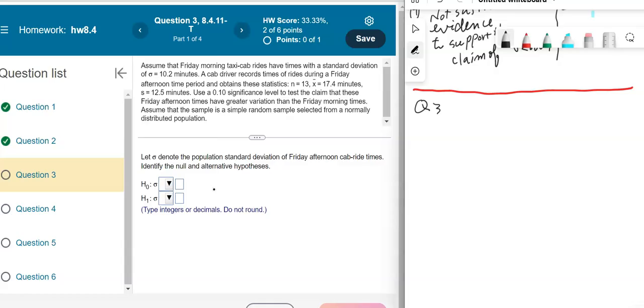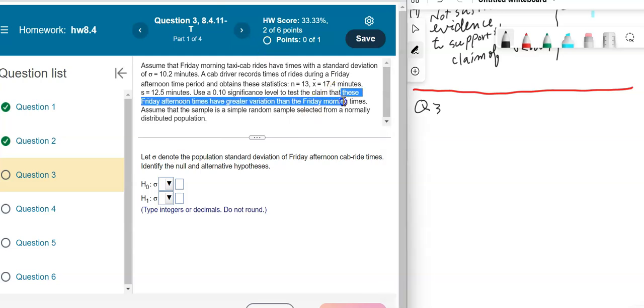A cab driver records the time of rides during the Friday afternoon period and obtains n equal 13, x-bar equal 17.4, s equal 12.5. Use 0.10 significance level to test a claim that these Friday afternoon times have greater variation than Friday morning.